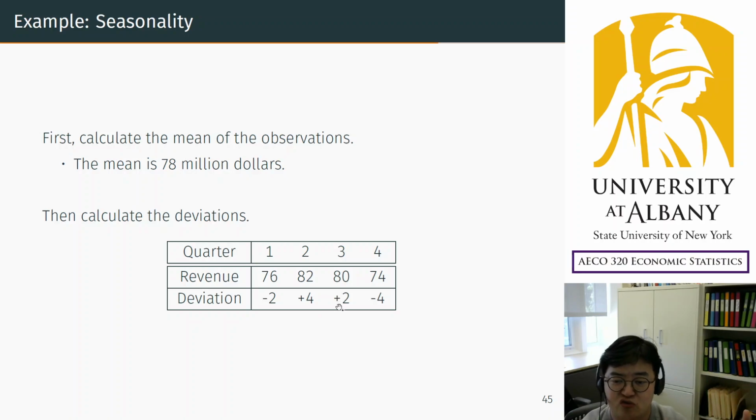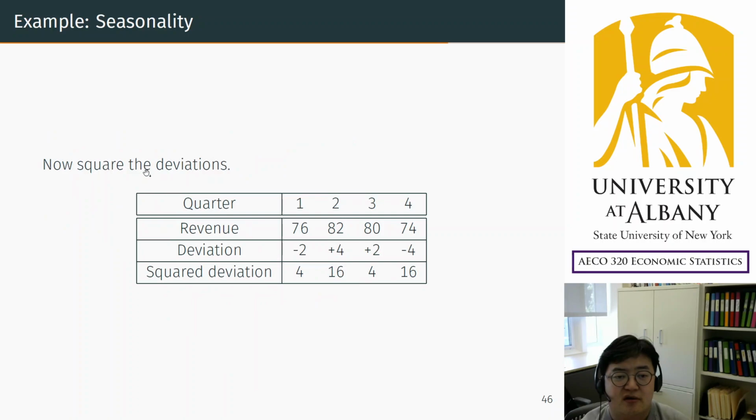So the deviations are minus 2, plus 4, plus 2, minus 4. Because we have four observations, we have four deviations. A deviation is a transformation of the random variable, so there are as many deviations as the sample size.